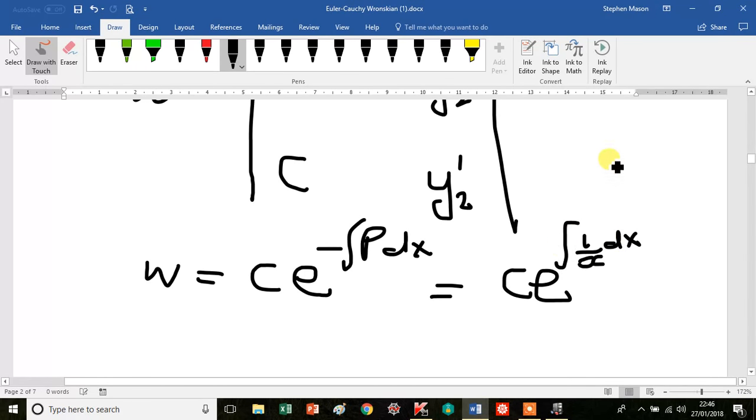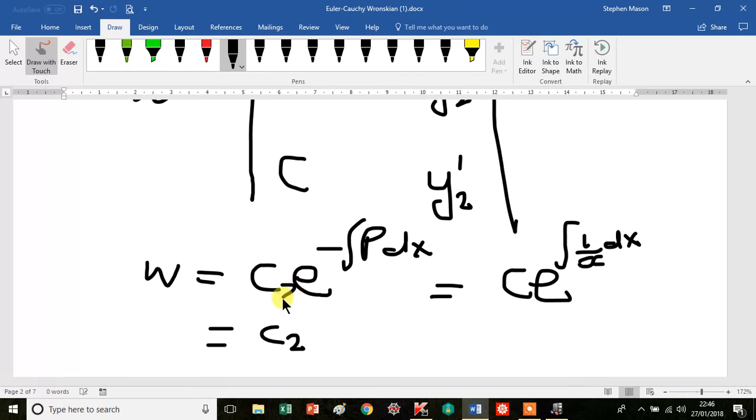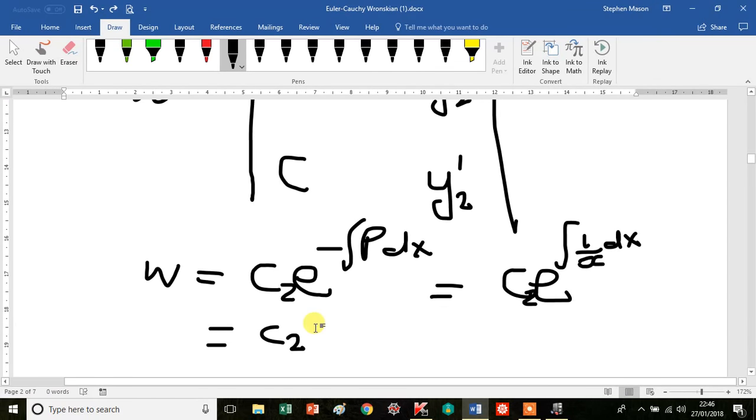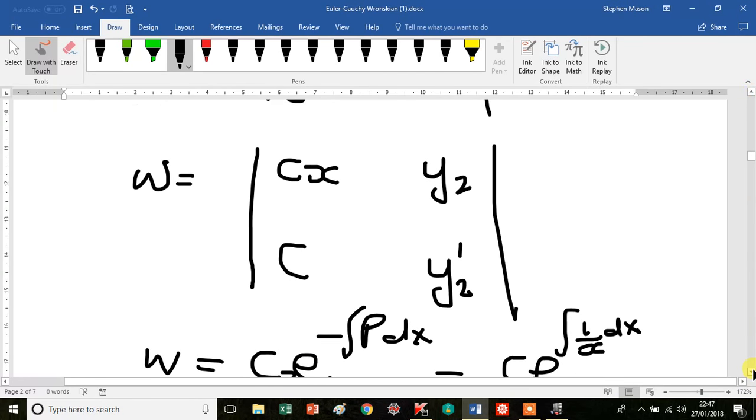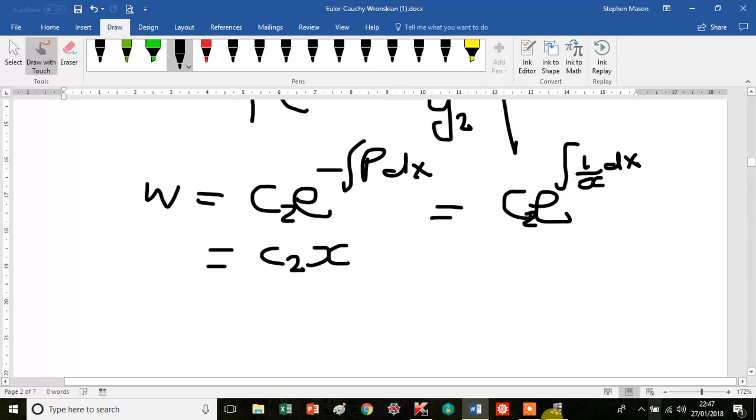It's still minus 1 over x. And so we know that that is equal to, I'm actually going to give this a different subscript. We're going to call this C2x. So the Wronskian has both a determinant form and it's also equal to that C2x term.